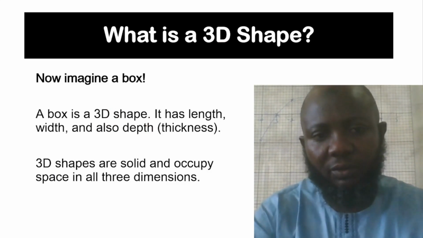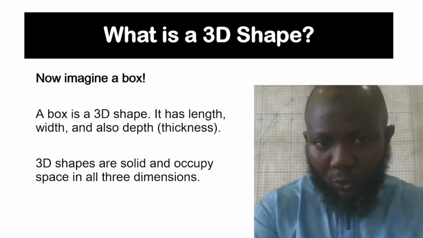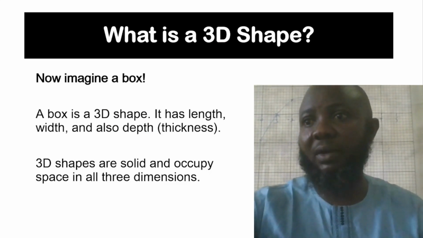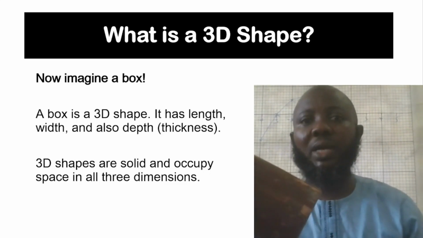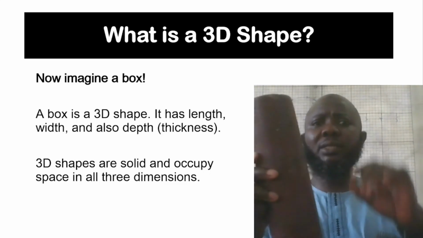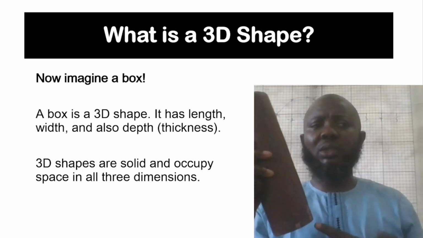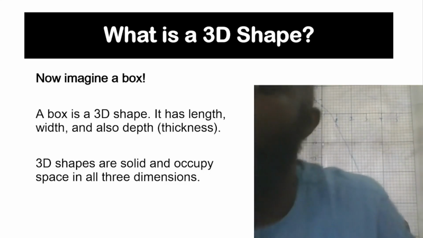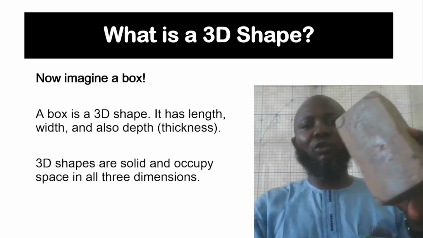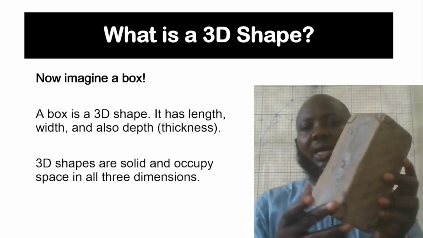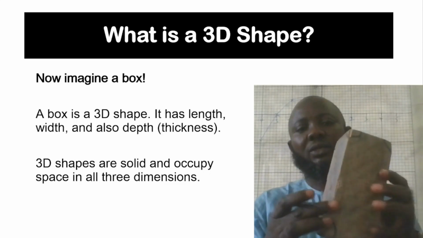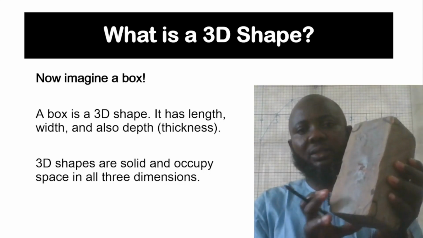Then for the 3D, let's now imagine a box. A box has a length, it will have a width, and also going to have a depth. If you look at this shape, this one is not a flat shape because it has length, it has breadth, and it also has thickness.